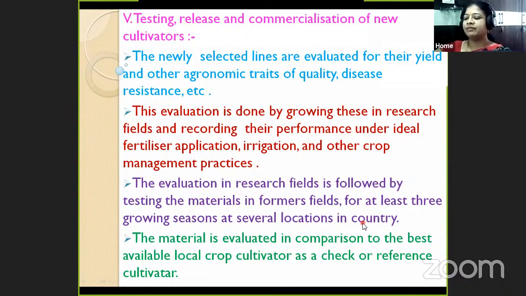For example, when a wheat variety is developed, before releasing it into the market it is put through multi-locational trials in Karnataka, Rajasthan, and Himachal Pradesh, different locations in the country. These trials find out whether the crop variety is well adjusted to those environmental conditions or not, and whether its yield increases or decreases.